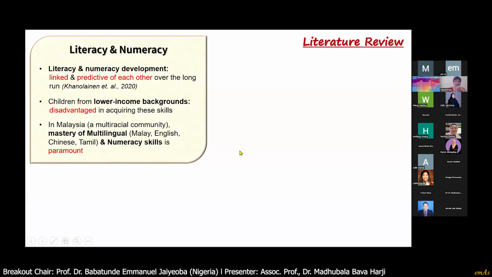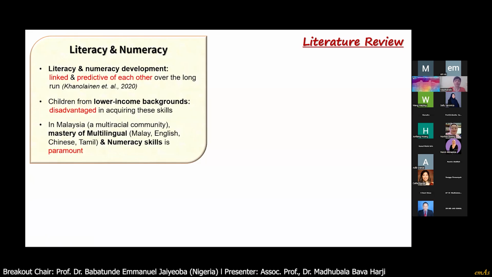The literature that we looked at was literacy and numeracy, and there's a strong link and predictive model that shows that each of these skills are interrelated and are linked and predictive of each other. And we also found that children with lower income are disadvantaged in acquiring these skills.